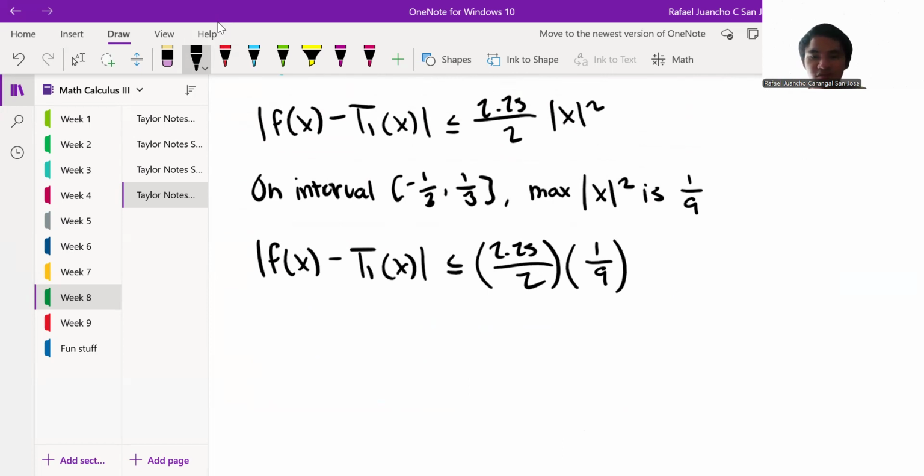So I have this thing. And now this should give me some value. Oh, it actually gives me an exact value. That's funny. 0.125, 2.25 divided by 18. So my error is at most 0.125.